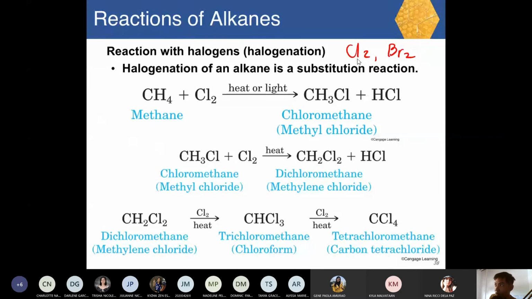So, if they react with chlorine gas and bromine gas, Cl2 and Br2, they will form a monosubstituted alkane. Okay, ano meaning ng monosubstituted alkane? Isang atom lang ng halogen ang kakabit sa alkane.